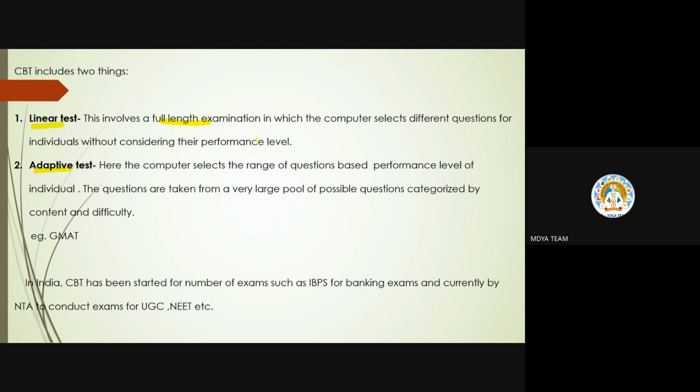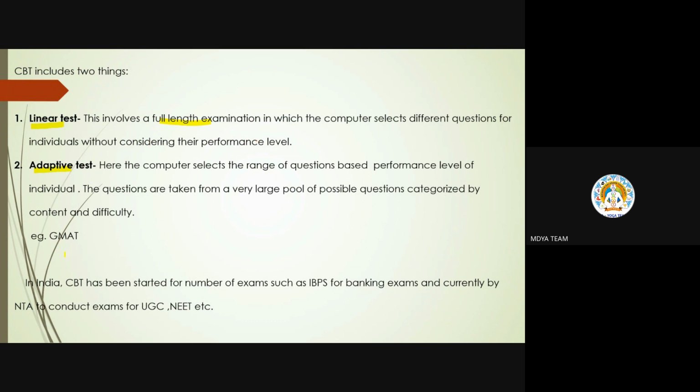And suppose questions 1 to 10 were of a very difficult level and you were not able to solve them, then from the 11th question onwards, the computer will decrease the difficulty level of the questions.